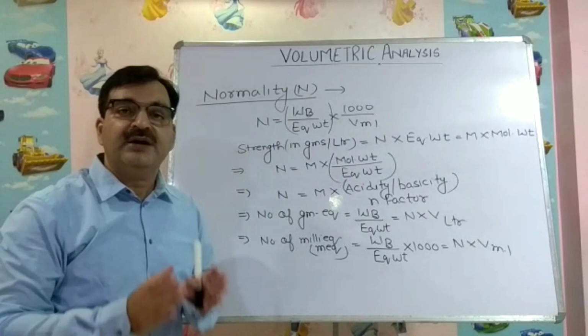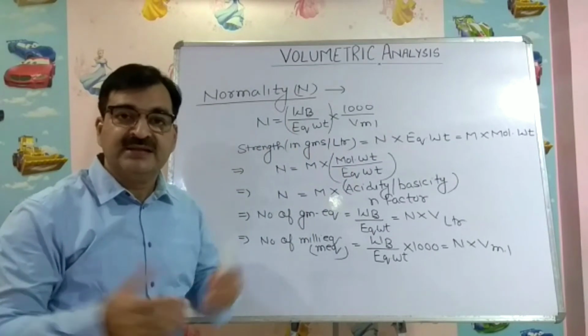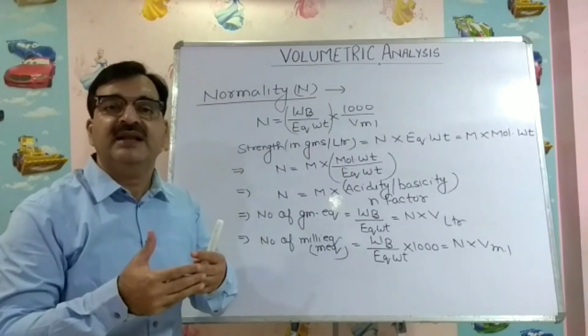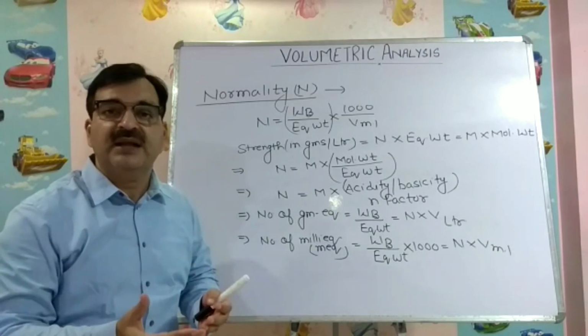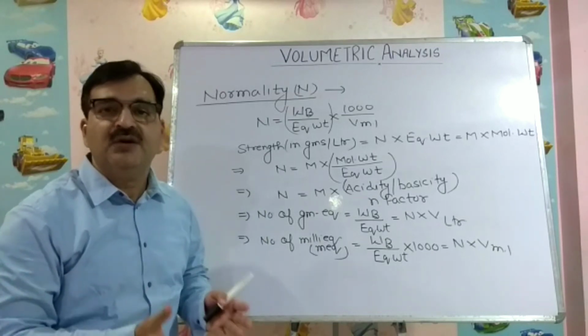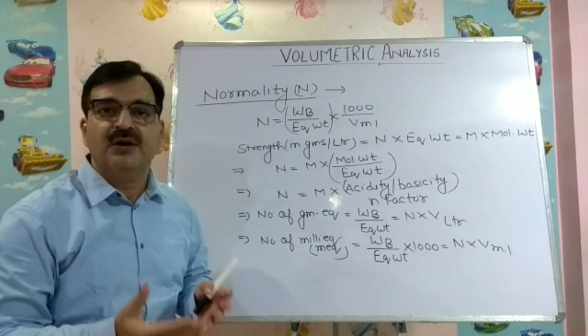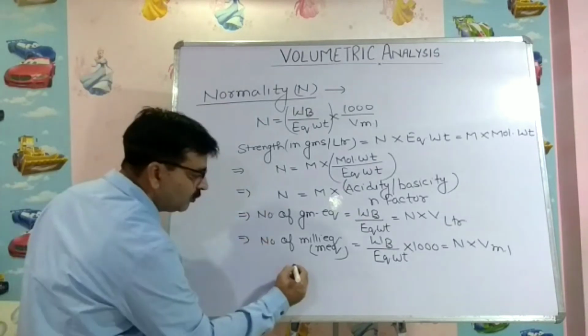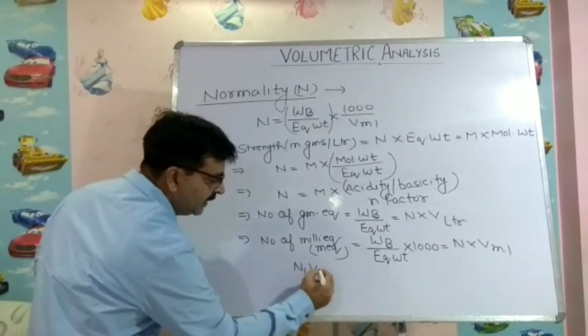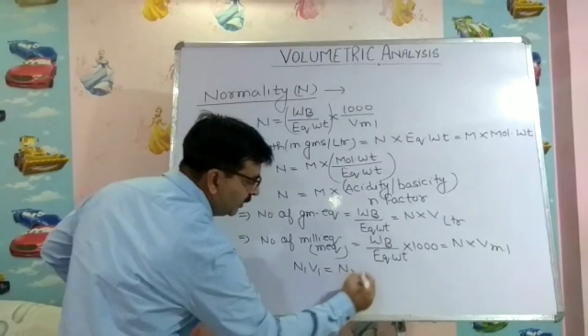According to the law of chemical equivalence, substances react together in respective equivalent ratio. This is termed as law of chemical equivalence. From here we have the equation N1 V1 is equal to N2 V2.